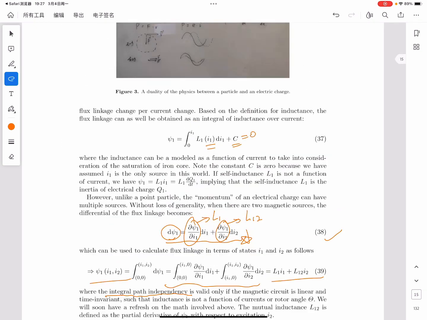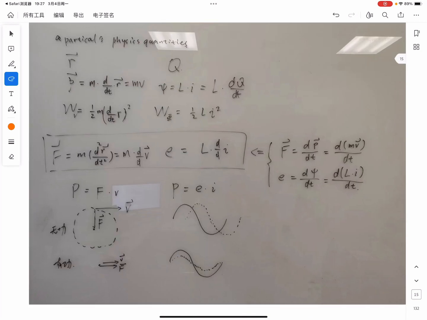So for a particle, its basic quantity is its location in space. For an electrical circuit, we have electrical charge, the charge that's passing through a cross section. If we take the time derivative of this charge, it gives us the current, right?